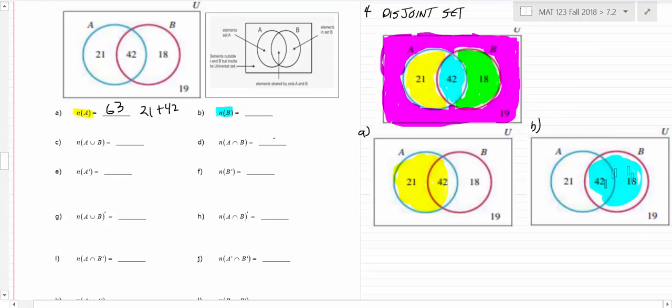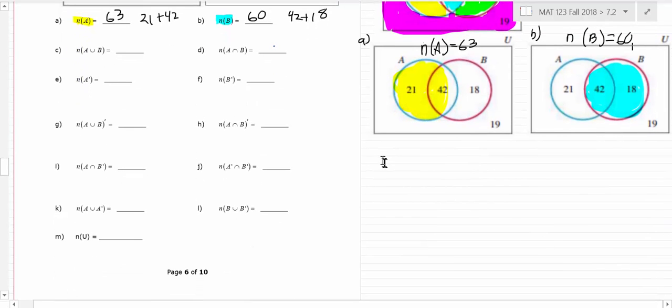You would do 42 plus 18, so that's going to be 60. I'm going to write the number of elements in A is equal to 63, and the number of elements in B is 60. We'll keep running through these as we go.